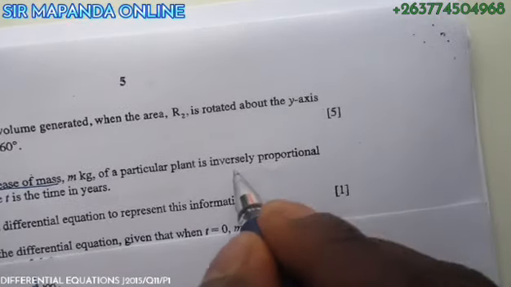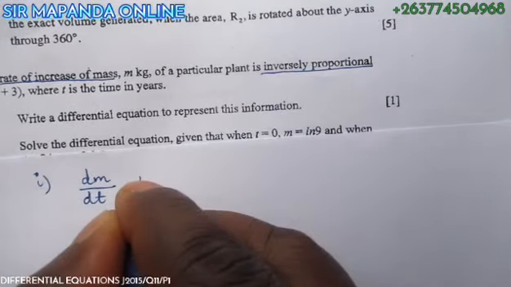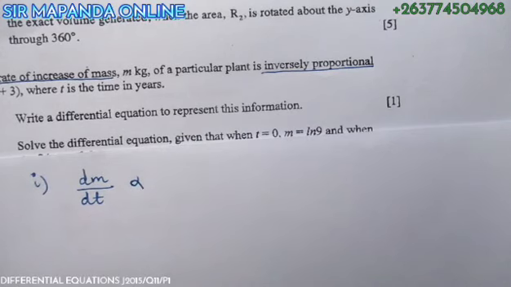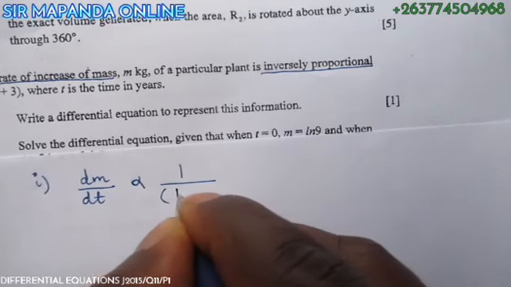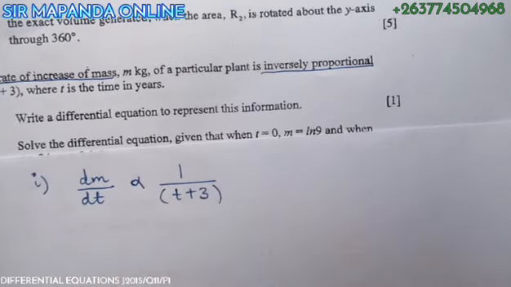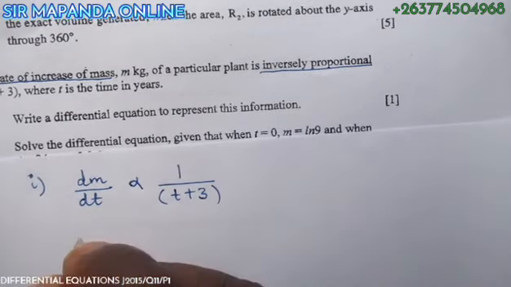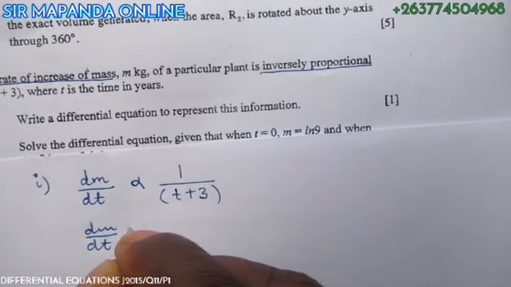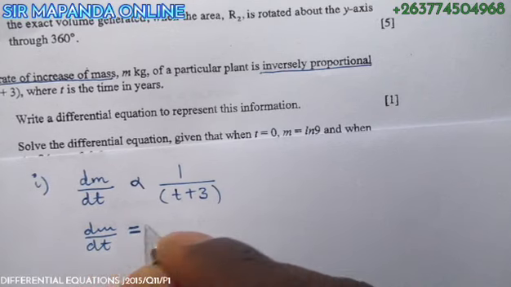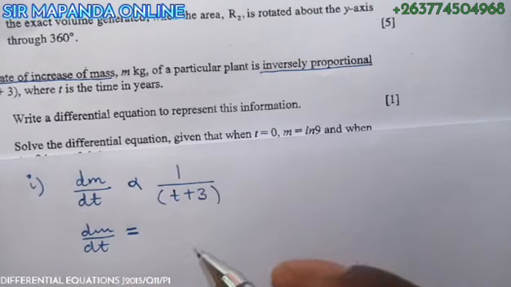Right, then we move on. Is inversely proportional to? Inversely means 1 over something. So I'm going to start by writing the variation sign first. Then you write 1 over t plus 3. I hope you are following, class. Right, so I'm now introducing the constant of proportionality, which causes the variation sign to be replaced by an equal sign, so that you multiply the right side with k.